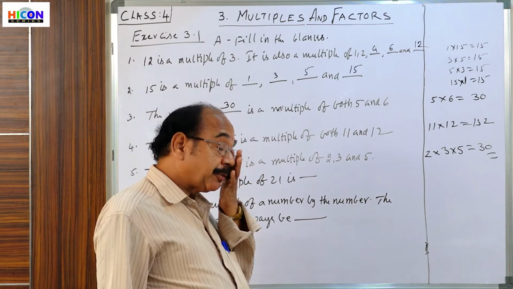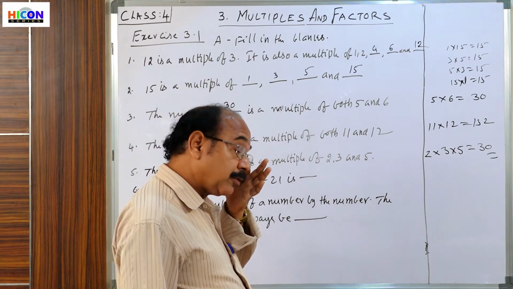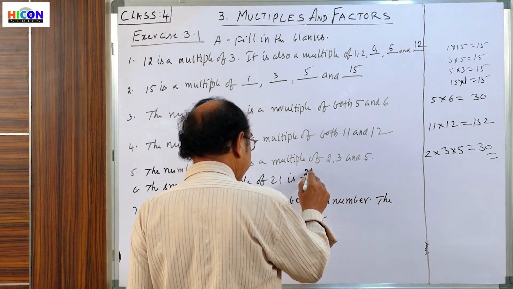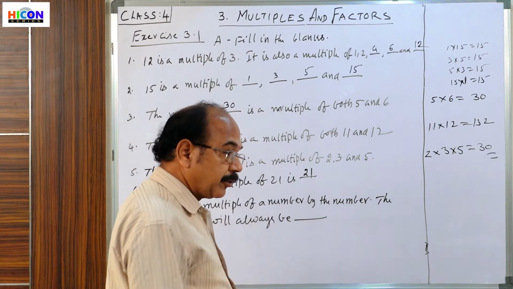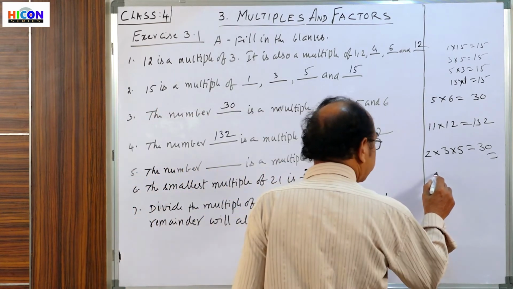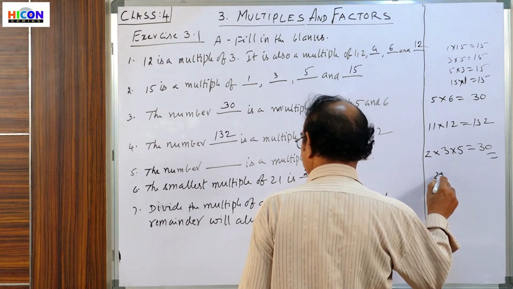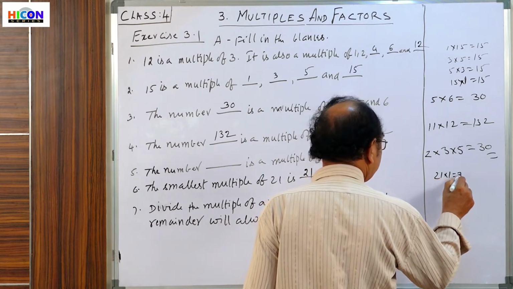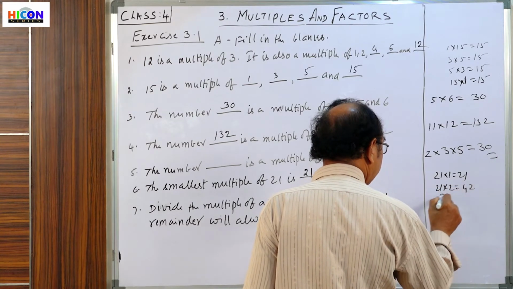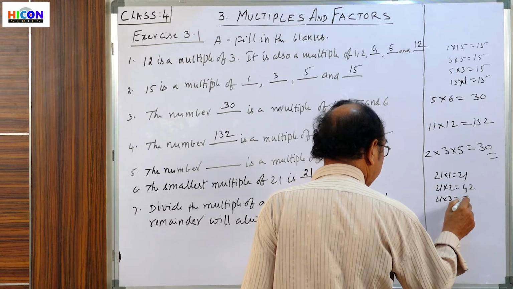The smallest multiple of 21. What is the smallest multiple of 21? 21 ones are 21, 21 twos are 42, 21 threes are 63.